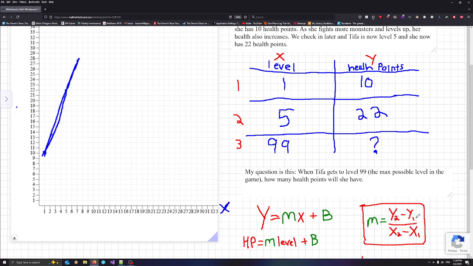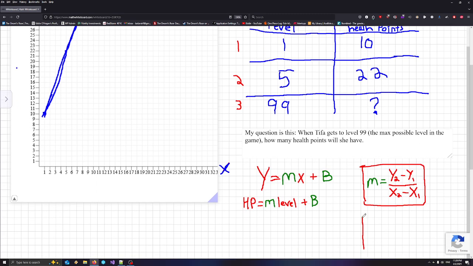When I refer to y1, I'm referring to 10 health points. If I say y2, I'm referring to row 2, column y here, so 22. Let's plug in the numbers for the slope formula.